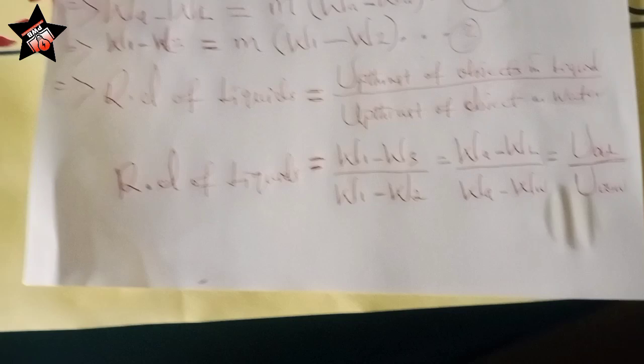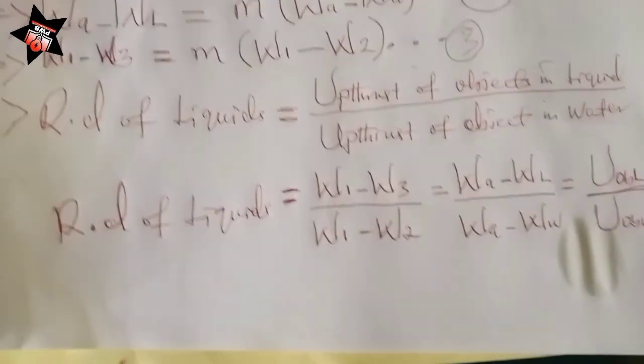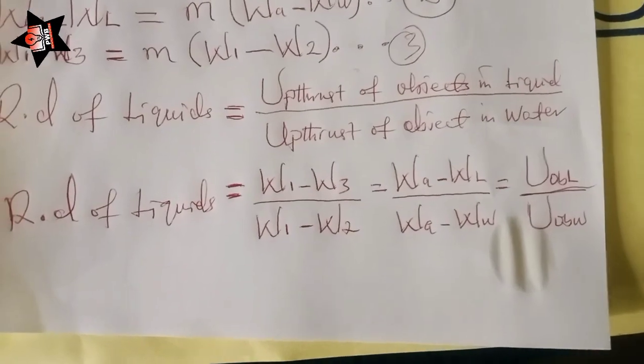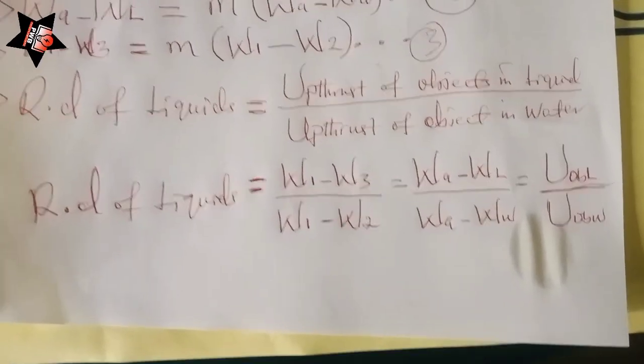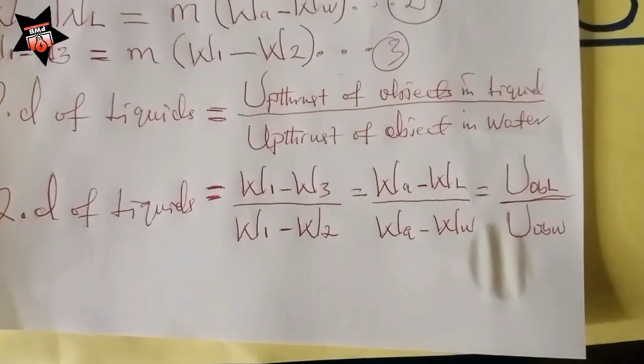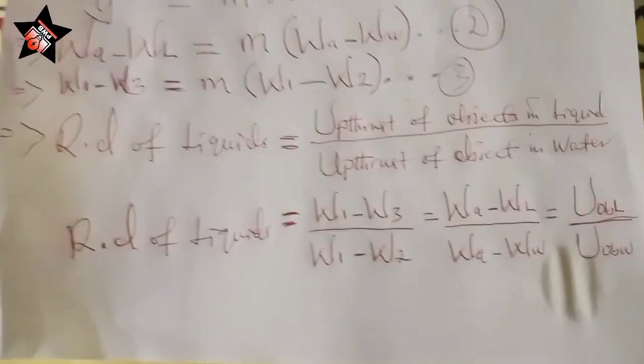If you work it down, we have it here as the relative density of the liquid. So what we're trying to say here is that when you plot this graph, the result of this graph is the relative density of the liquid, which is kerosene, to that of water, with no SI unit.